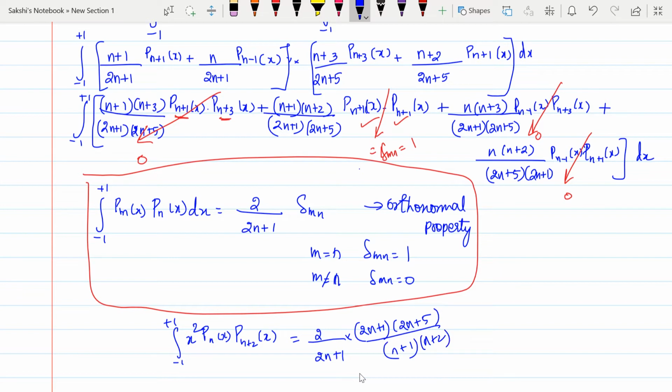When you simplify this further, you are going to get this particular thing. So you are going to get 2 into 2n plus 5 divided by n plus 1 into n plus 2.